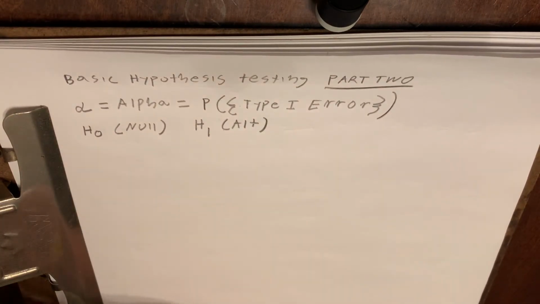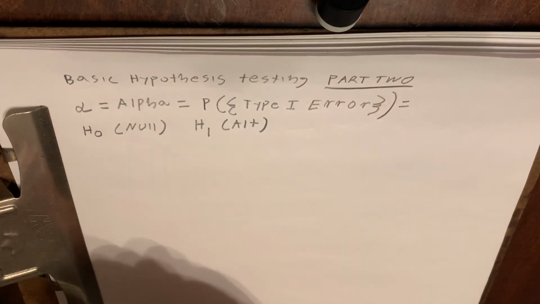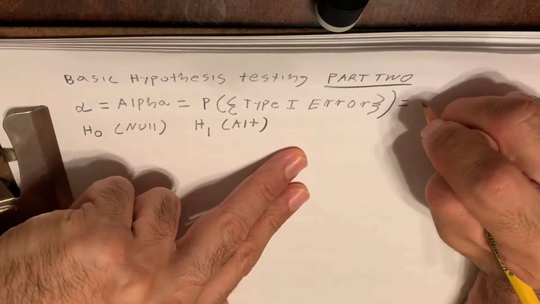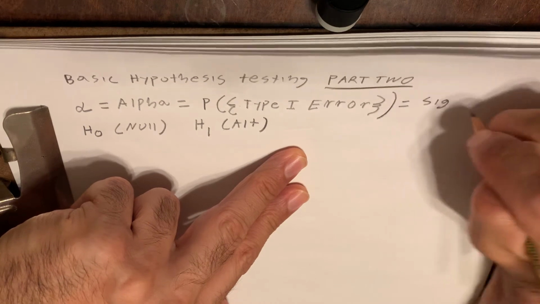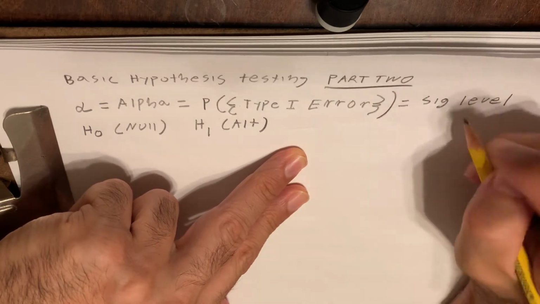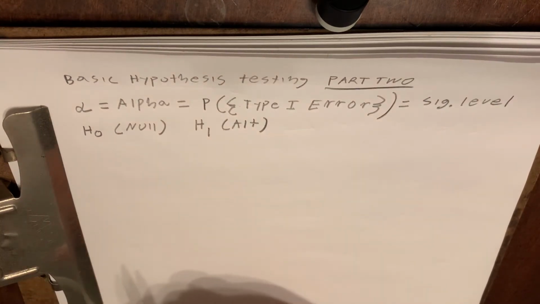And it turns out that alpha is so important in the field of statistics that it's given a term, and that term is called the significance level. It might be called the significance level of the statistical test if you want to really use all your words.